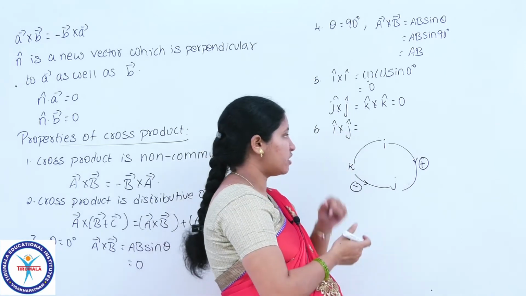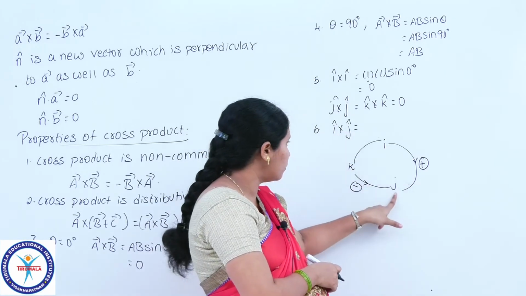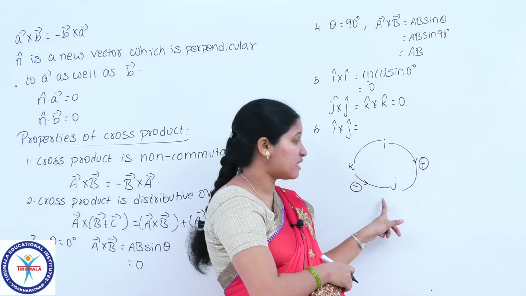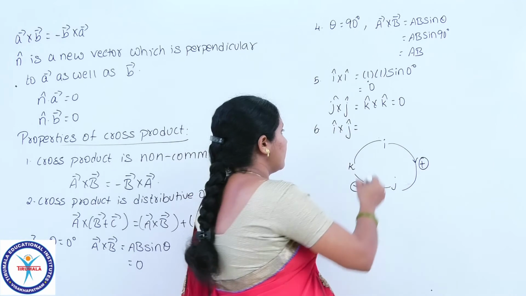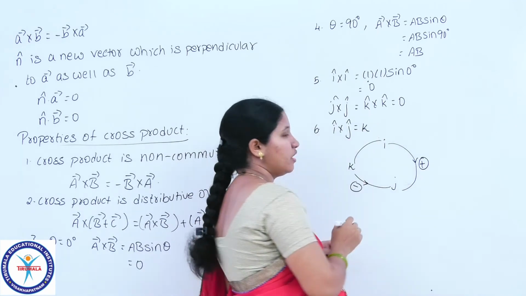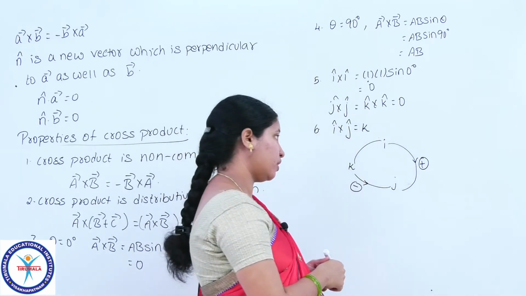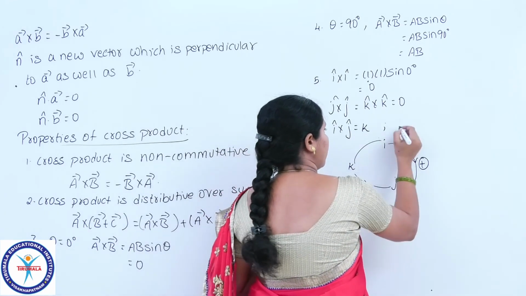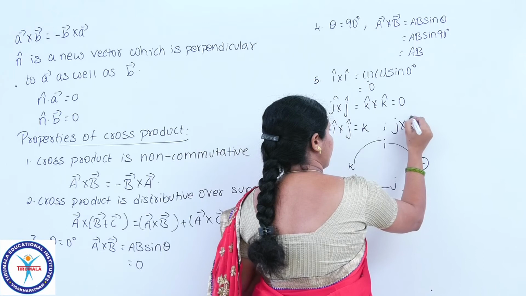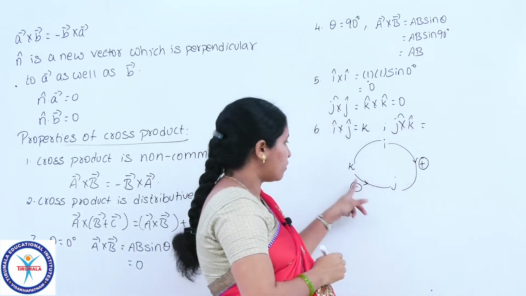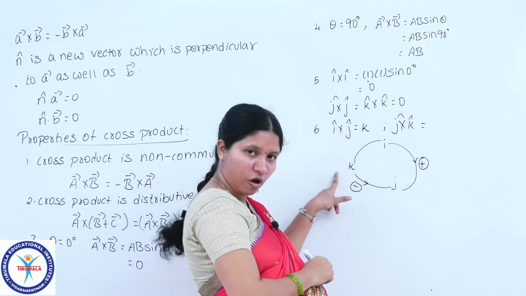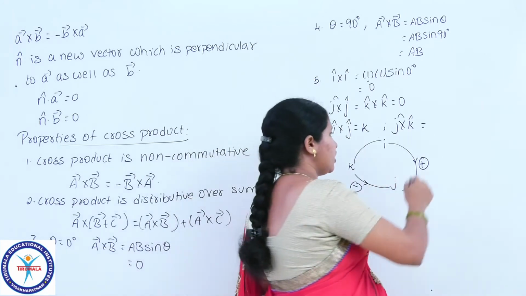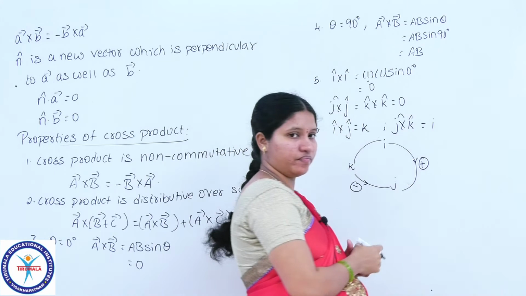So i cross j, we are going in cyclic order, that is clockwise direction. So we get k. i cross j is equal to k. Similarly, j cross k means we are going in clockwise direction, so we get another unit vector which is positive, that is i.